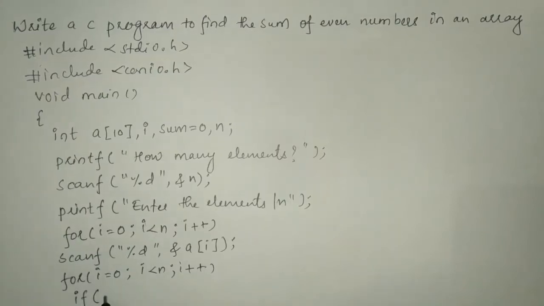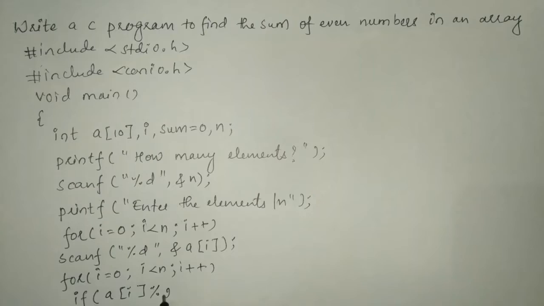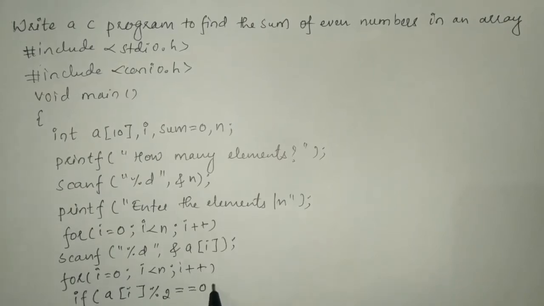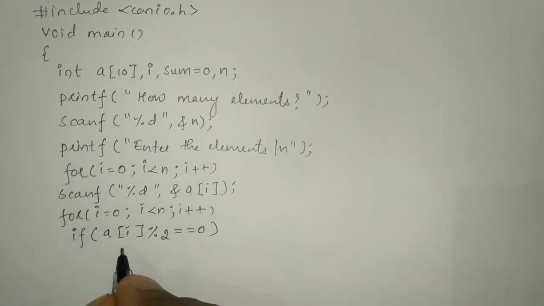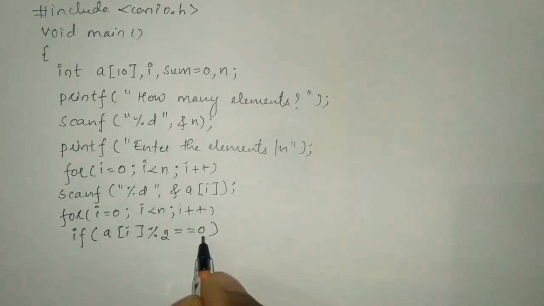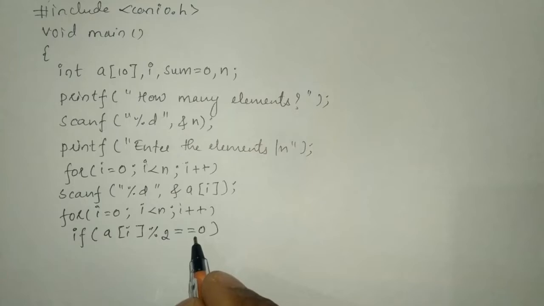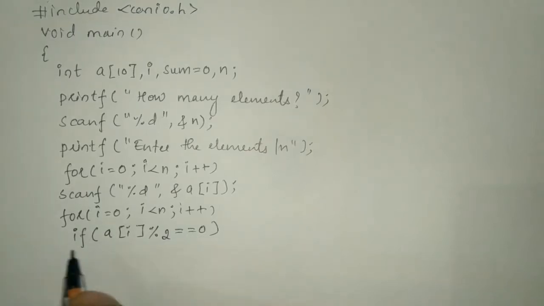Now I am going to take the condition if a of i modular division by 2 is equal to 0. Means here any number present in this particular block, if it is divisible by 2 and giving remainder 0, means if it is exactly divisible by 2, then such numbers are to be added.